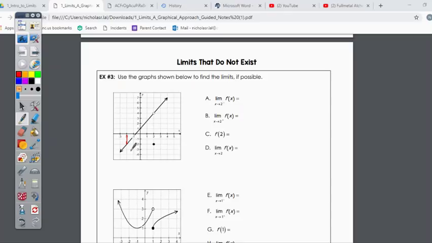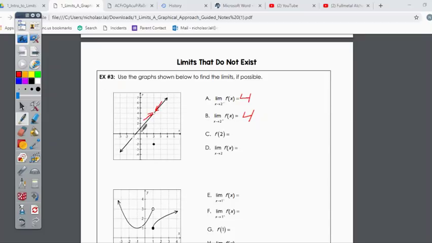Oh, I'm sorry, not negative 2. As x approaches 2 from the left, f of x is going to be equal to 4, because coming from the left, f of x looks like it's going to be equal to 4. Now coming from the right side, f of x is also still good, the limit is still going to be equal to 4 because we're approaching 4.